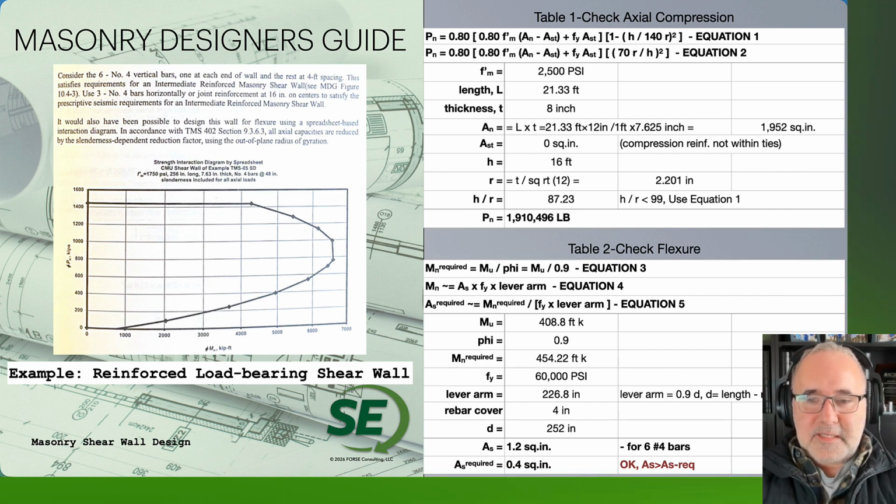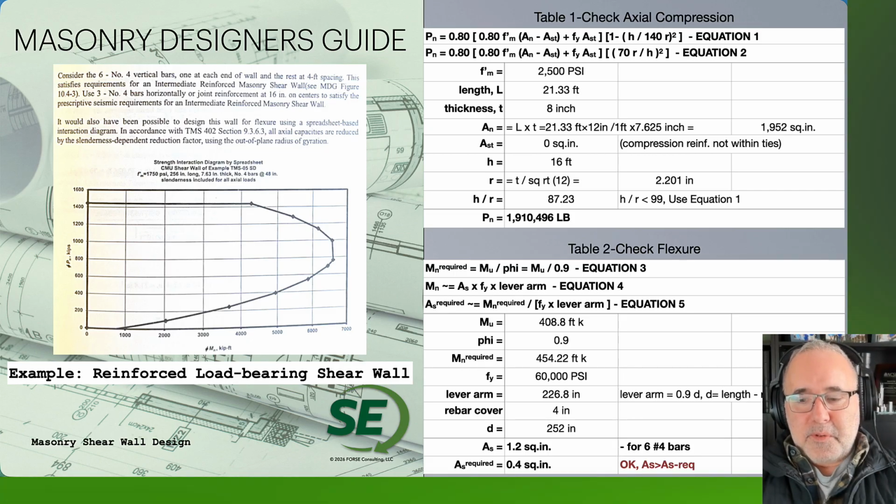From that, we can see, based on the overall length of the wall, the reinforcement cover that we have, and the overall d, our area of steel is 1.2, so 6 number 4 bars, with area of steel required being 0.4. So we're going to be okay for the area of steel that we have versus what would be required for the design. So, real quick axial check and flexure check.